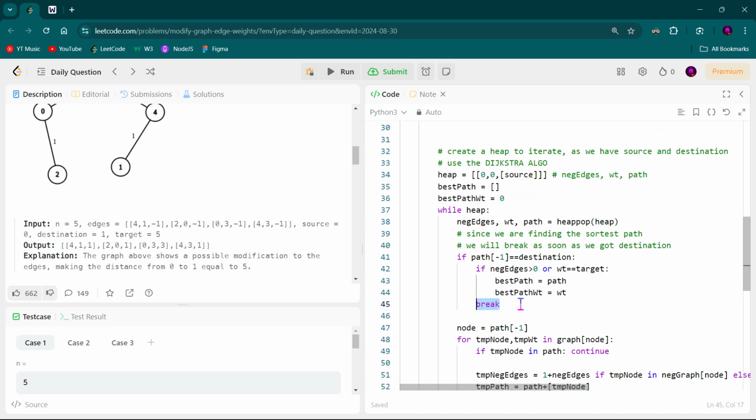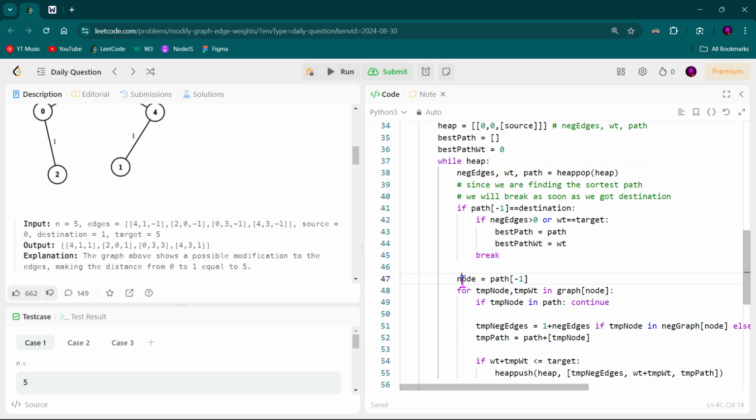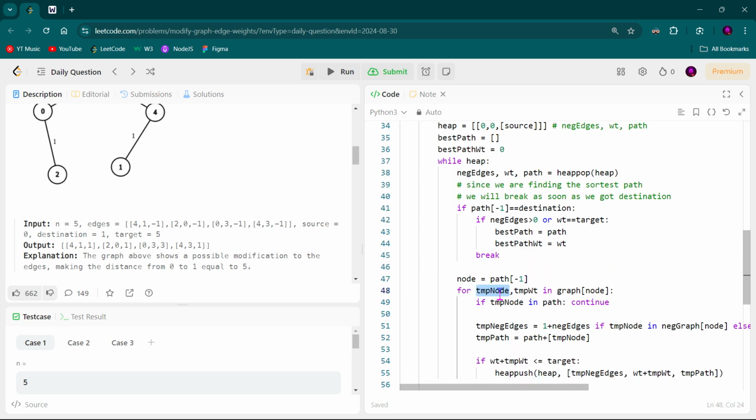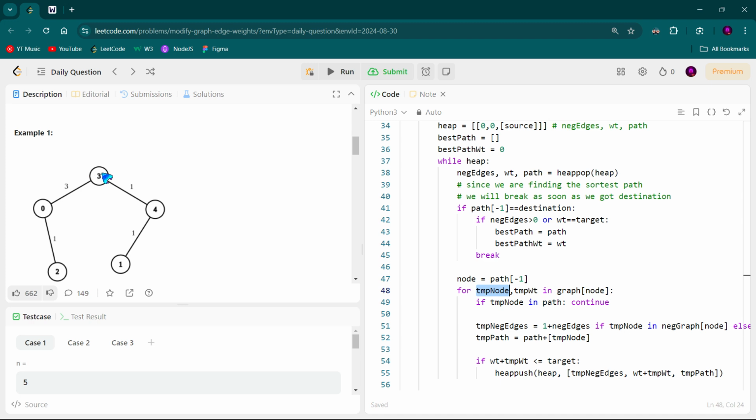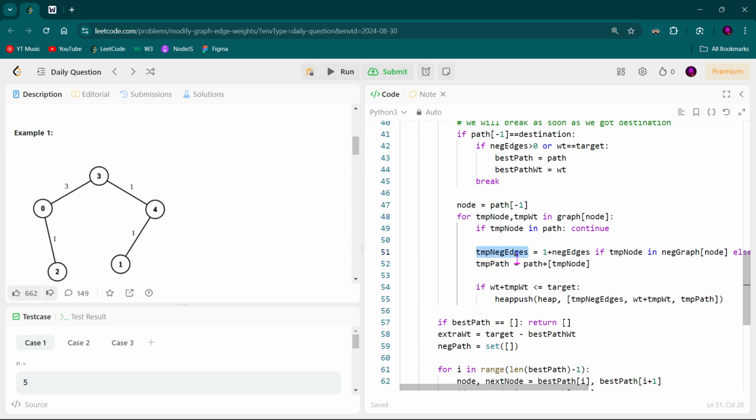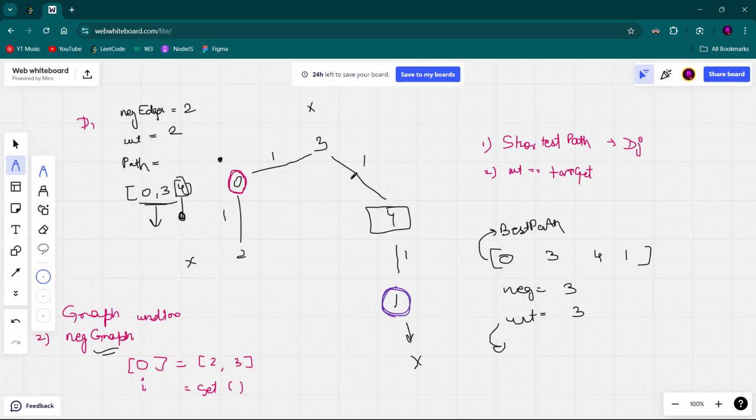And now how am I traversing the heap? I'm taking the current node from the path. Now traversing the graph. For the nearby nodes, what is temp node? If 3 is the node, the temp nodes would be 0 and 4, and the weights would be 3, 1 and 1. If I have negative edges, I will check if the negative graph has the temp node. So suppose I'm at 3 and I'm checking for 4, is it negative or positive?